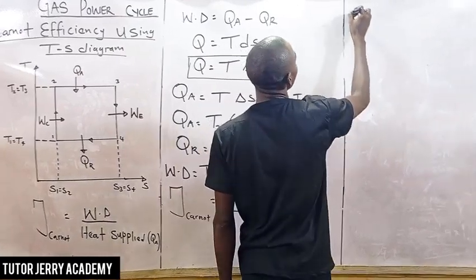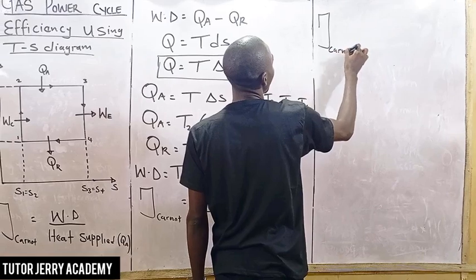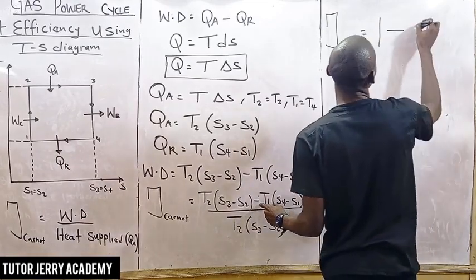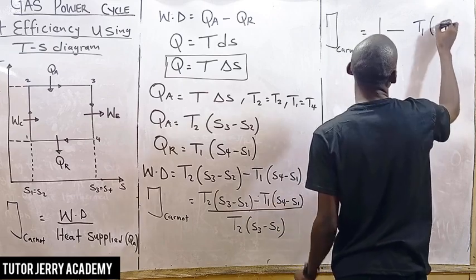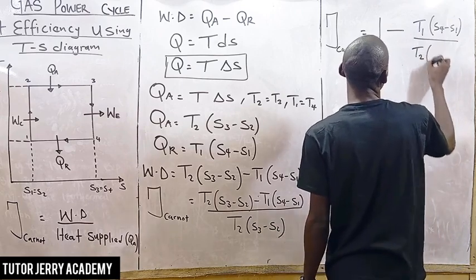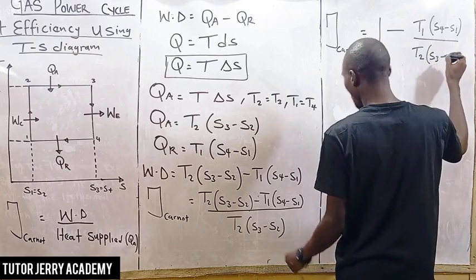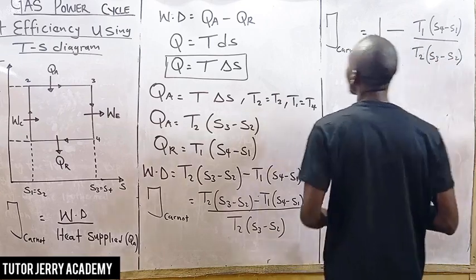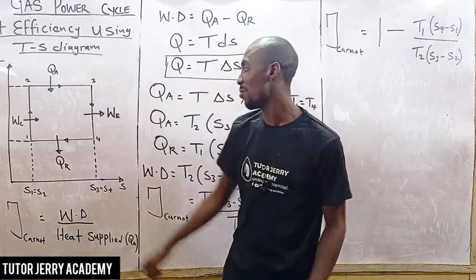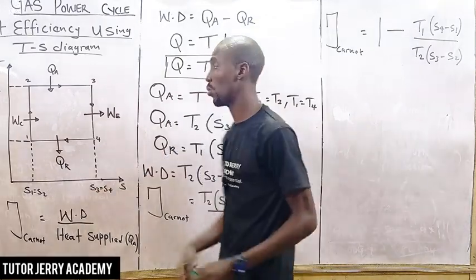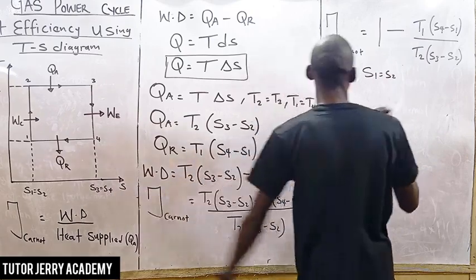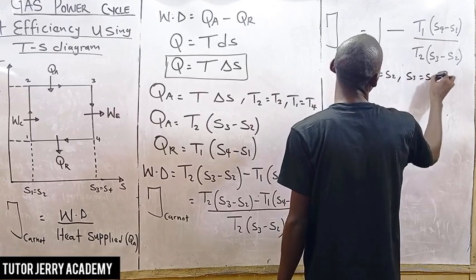If we divide both sides by T2 into S3 minus S2, we have our Carnot efficiency equal to 1 minus T1 into S4 minus S1, all over T2 into S3 minus S2. Now note carefully that from our TS diagram, S1 is equal to S2, and S3 is equal to S4.